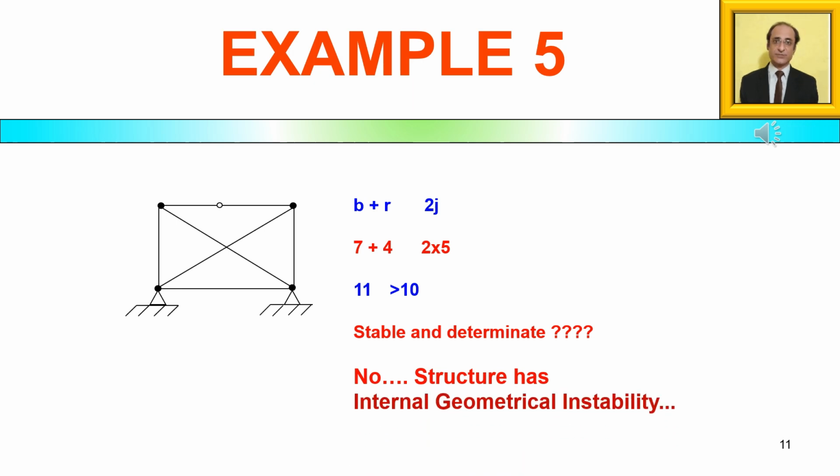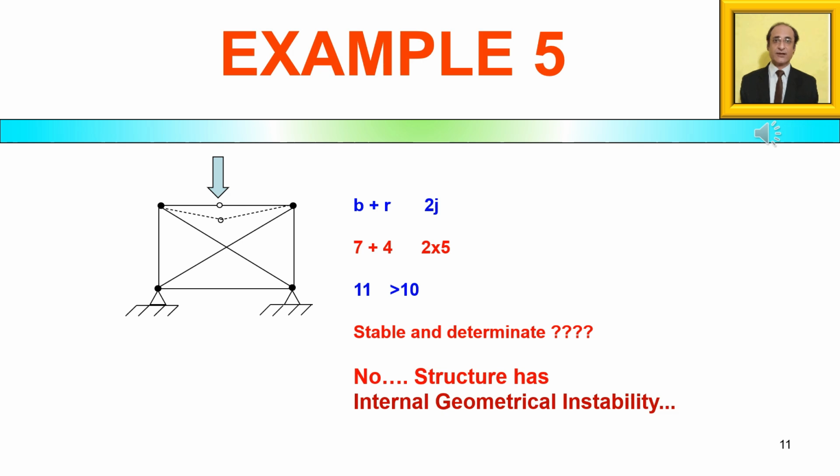If we do that, we'll find that the top portion of the structure has a hinge. So if we apply any load at the midpoint, the structure will undergo a large inelastic deformation locally because of the rotation of the two members about their respective left and right hinges. Hence, the structure has internal geometrical instability.